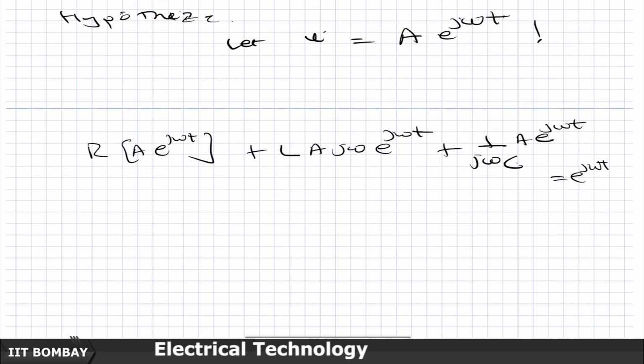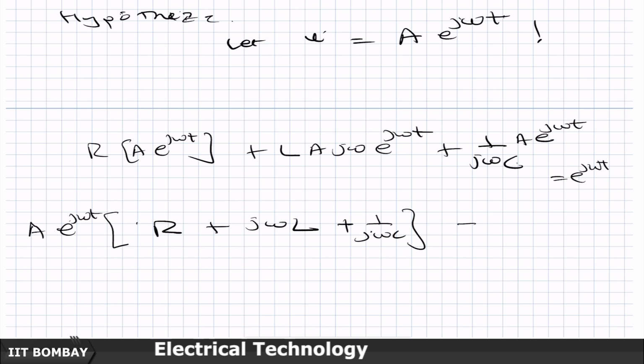So, now let us take a times e to the power j omega t outside, and I will get r plus j omega L plus 1 by j omega C, times a e to the power j omega t, equal to e to the power j omega t.